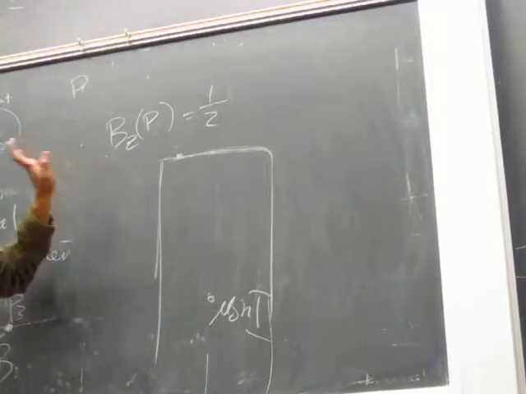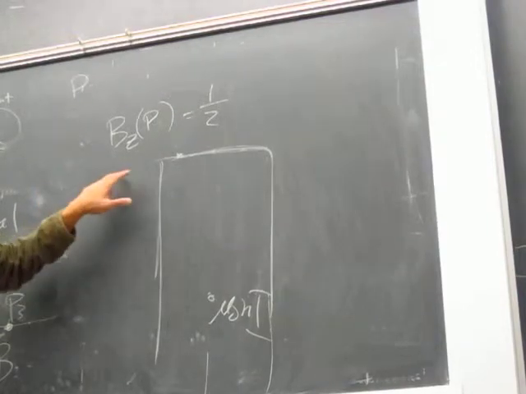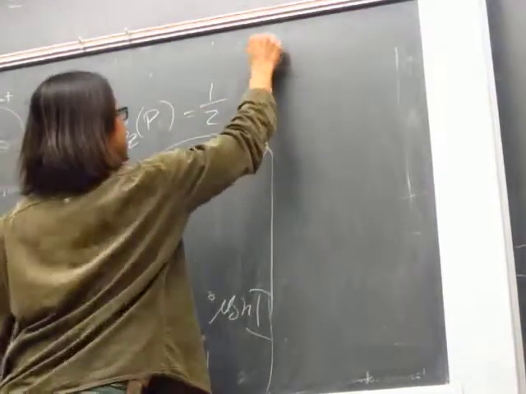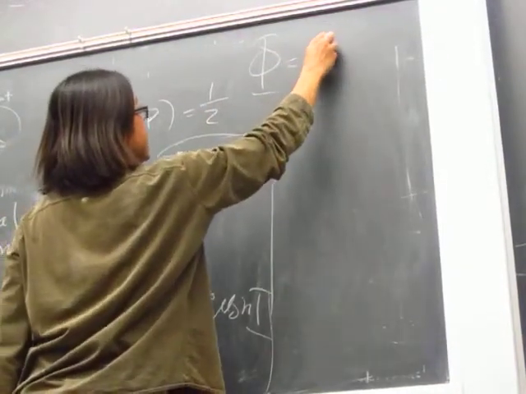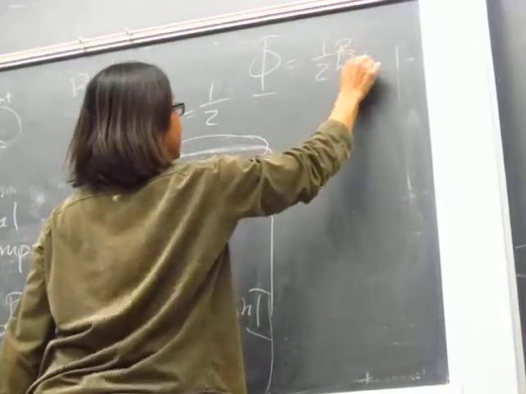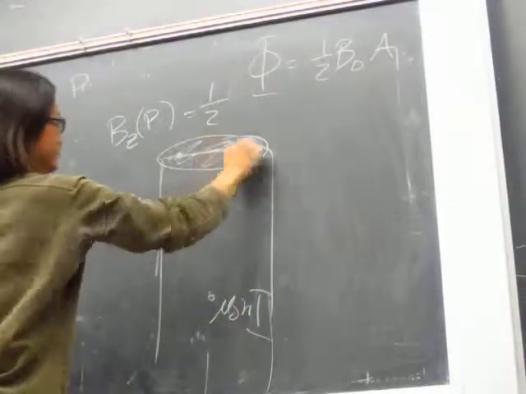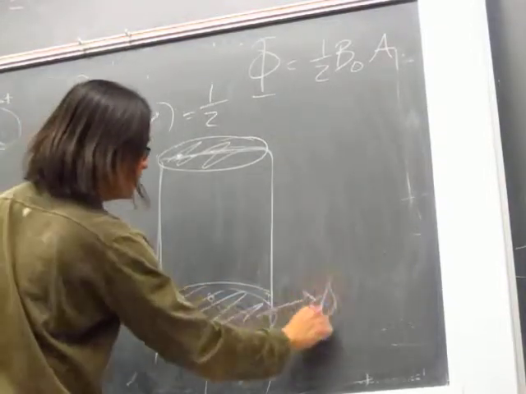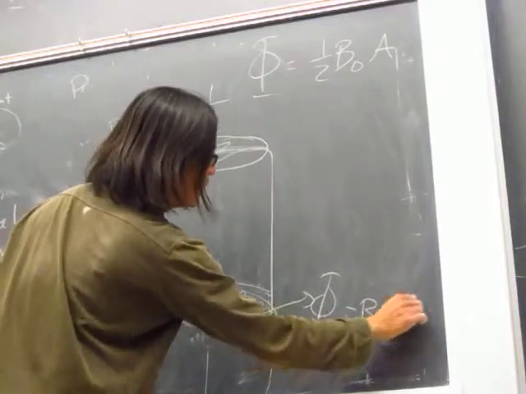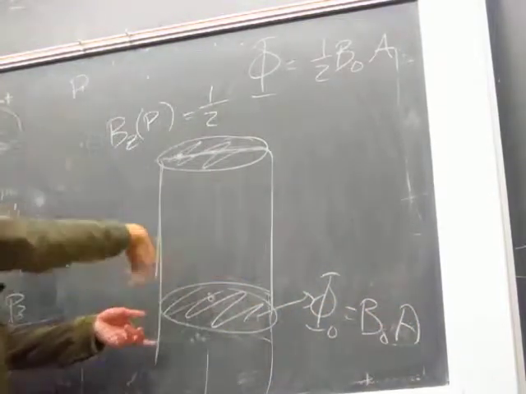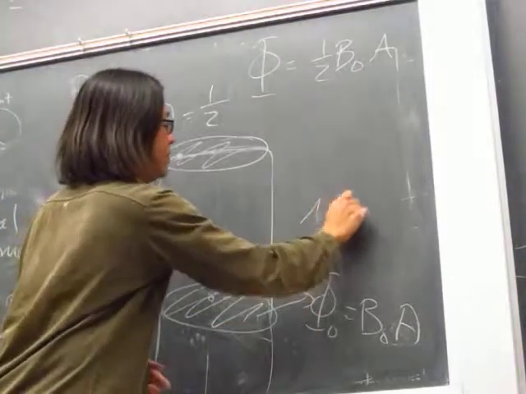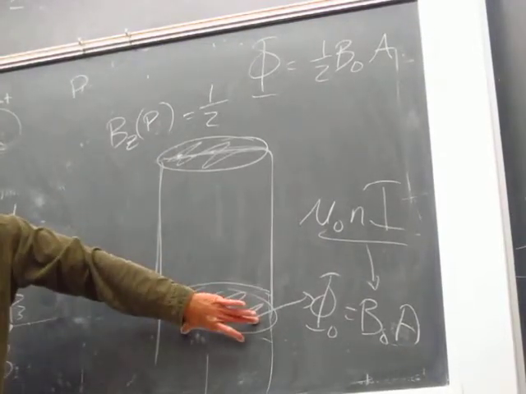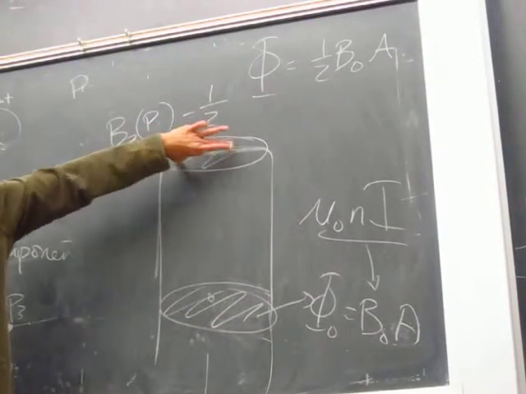It has a radial component, but I don't care about the radial component for part C. Then you show that the flux through the top is just half of B naught times the area, where the area is the area of the solenoid and B naught is mu naught n I. So the flux in the middle is twice the flux at the top.